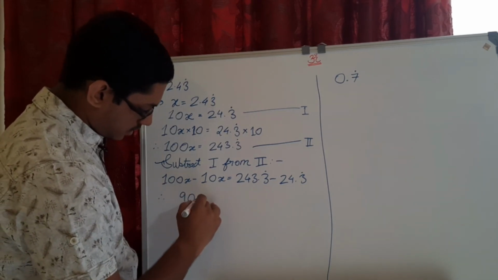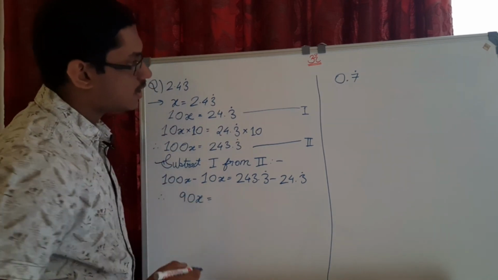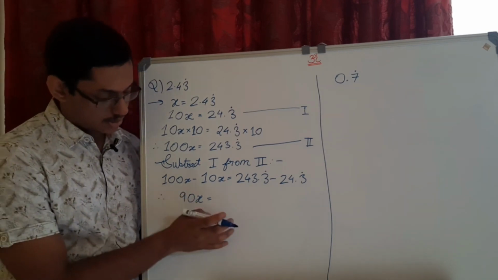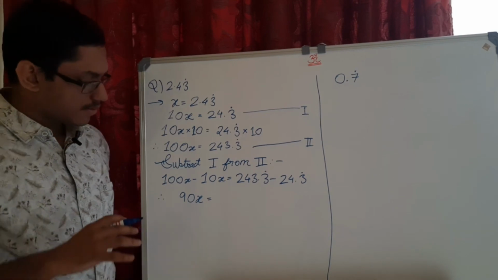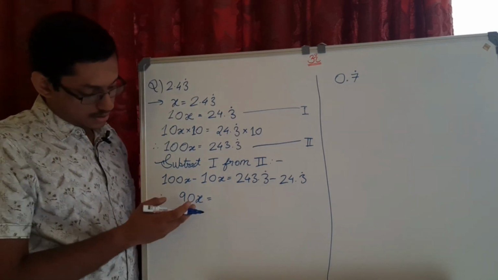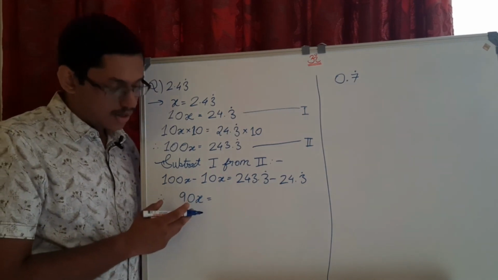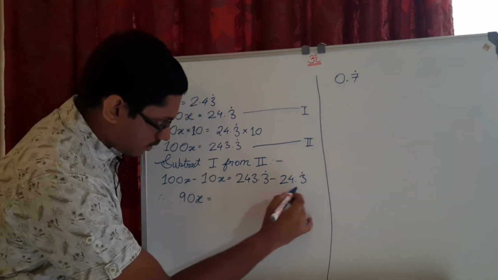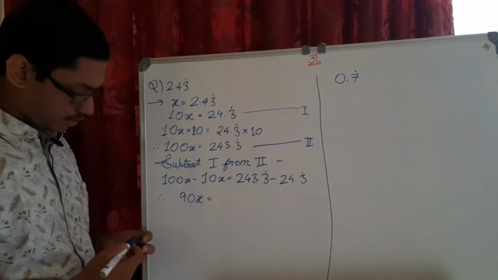90x. Okay, this is why I am saying this question is a bit tricky, because generally you will see questions where the denominator comes out to be 999 or 99, meaning every digit is 9, but here the denominator turns out to be 90. Let's see it. So now we have to see 243 minus 24.